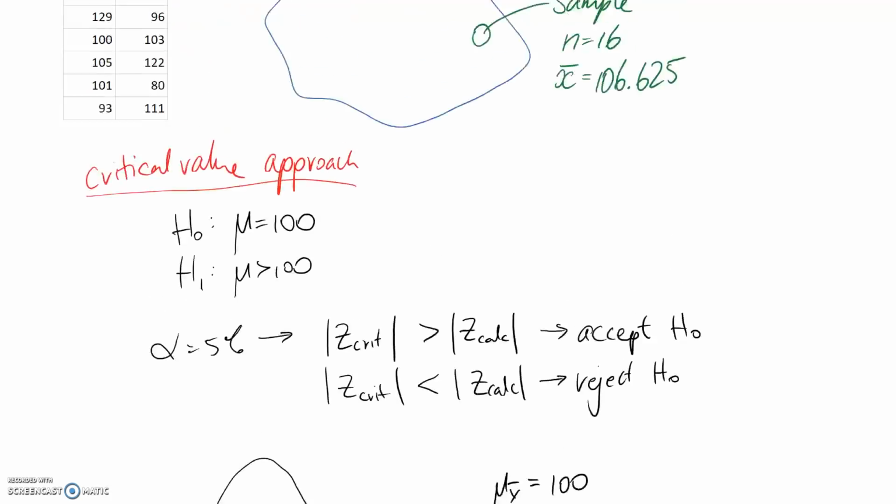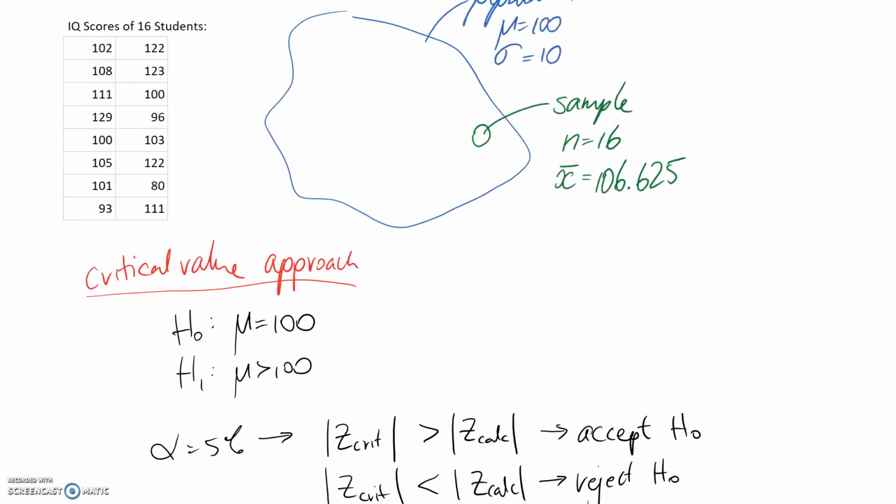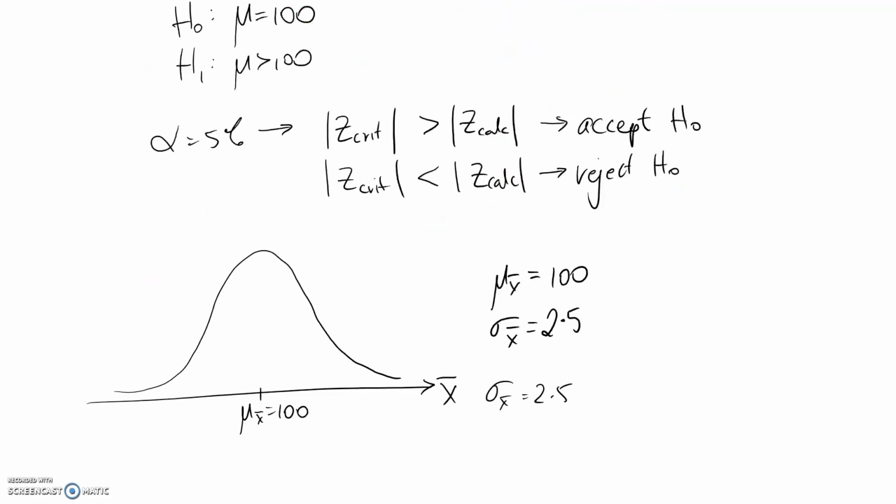Alright, so what we were interested in was when we had a sample mean of 106.625. So let's pop that on here. What we want to do is convert this into a z value, and this becomes z calc. Again we have our equation for doing that, which just looks like this.